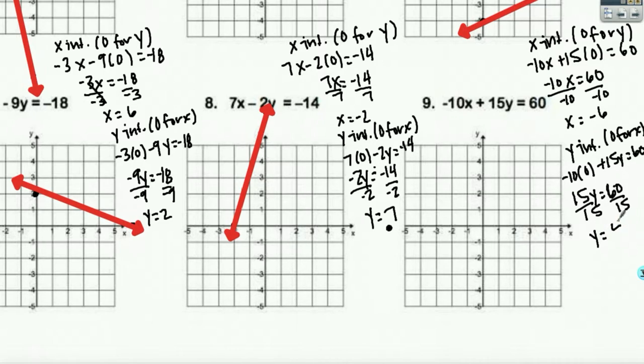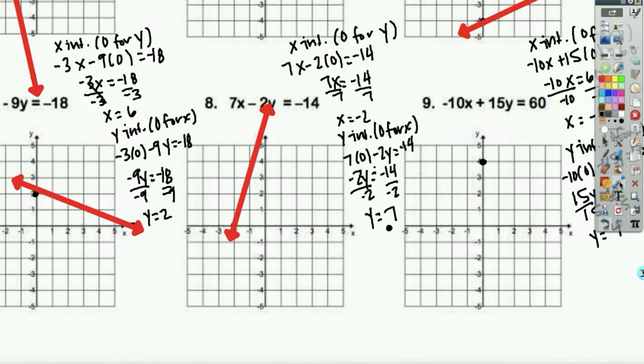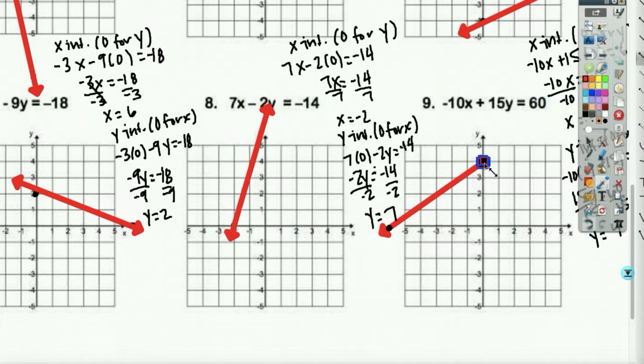And you'll get y is equal to 4. So then you'll go to 4 on your y-axis and put a point. Once you have your 2 points, you'll connect them. And you're done with number 9.